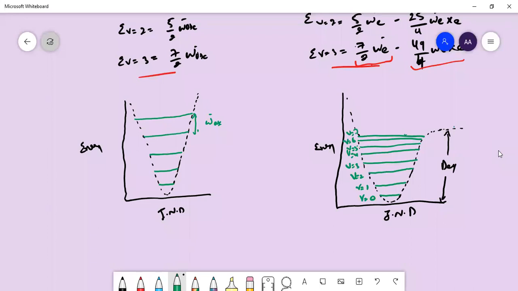So this is how the vibrational energy levels of a simple harmonic oscillator and an anharmonic oscillator differ. Thus, as we go to higher and higher vibrational energies, the energy levels get closer and closer together as we approach the dissociation limit. So this is the difference between our simple harmonic oscillator and our anharmonic oscillator.